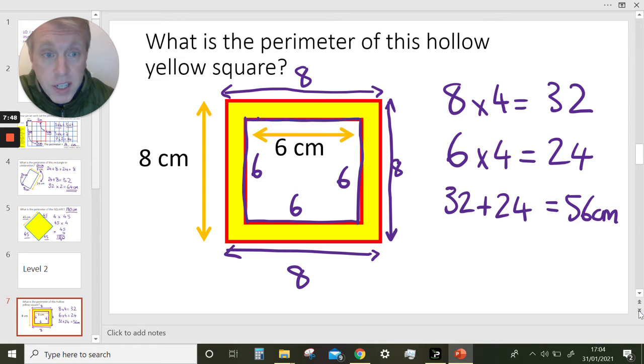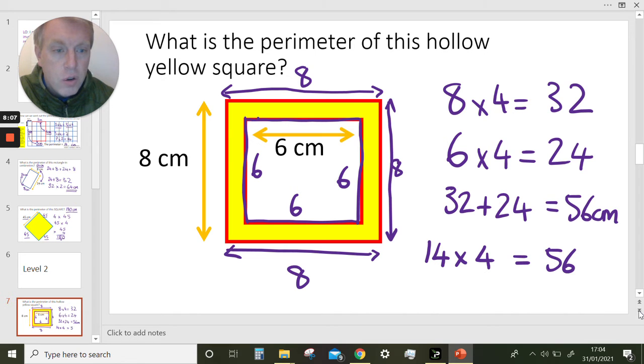You might have noticed 8 times 4 and 6 times 4, 8 add 6. You might have done 14 times 4 as well, because it's 8 fours and 6 fours, so it's 14 fours. And if you worked out 14 fours, you'll also find that is 56 centimetres.